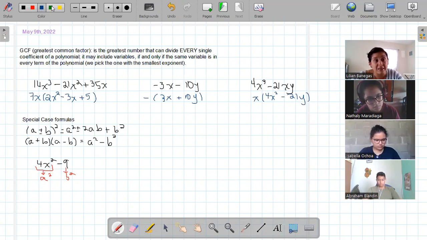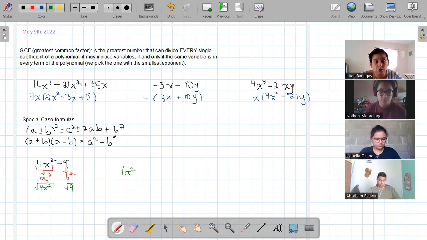We're going to find the square root of 4x squared and the square root of 9. Why? Because in that way, I will be able to find a and b. Now, for example, I have the a squared.